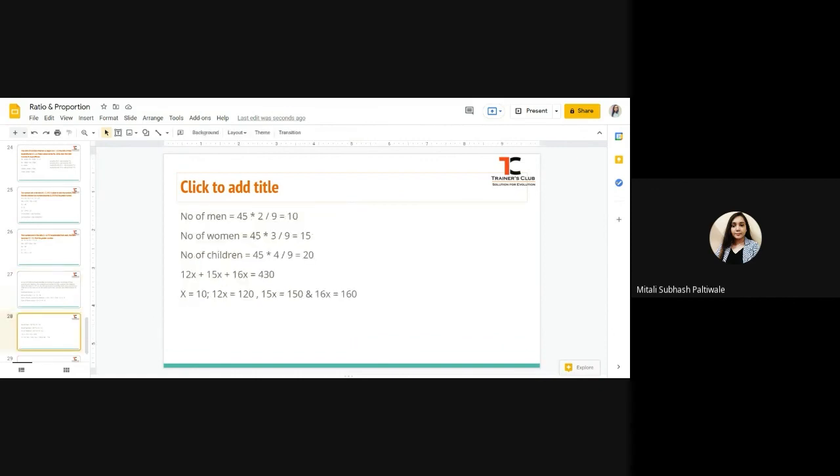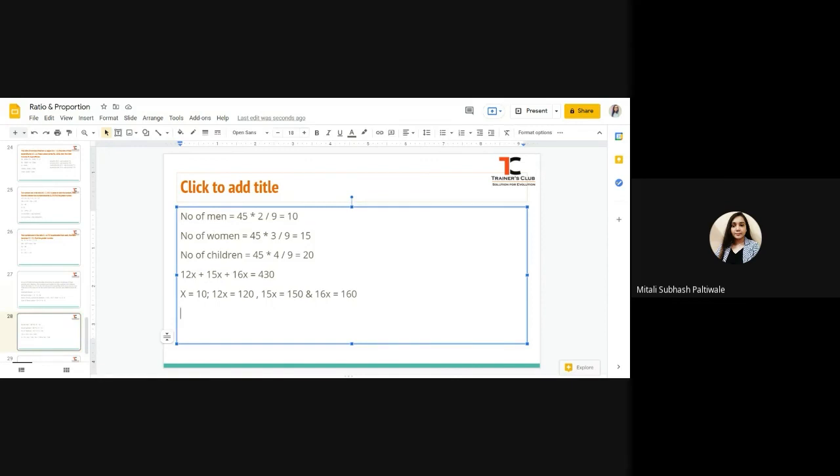Each man's share is equal to 120 divided by 10, so this will become 12.